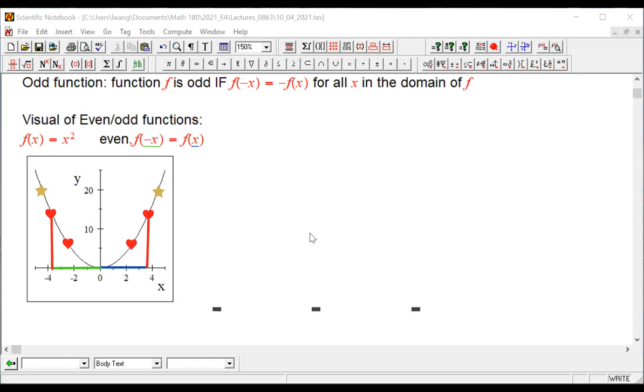I mean, when I'm thinking about it in the graphs. Think about those graphs. We have the algebraic and also the visual. You need to know both, and you're going to use this concept in calculus 1 and calculus 2.